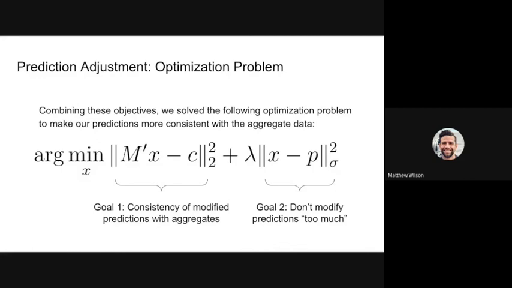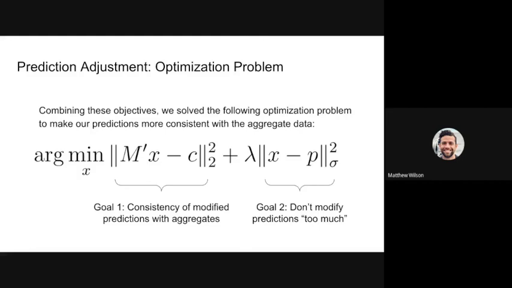Okay, so combining these objectives, we solve the following optimization problem. The first term we talked about will push our predictions to be consistent with the aggregate data. The second term is going to prevent our predictions from being too different from predictions we know are good.